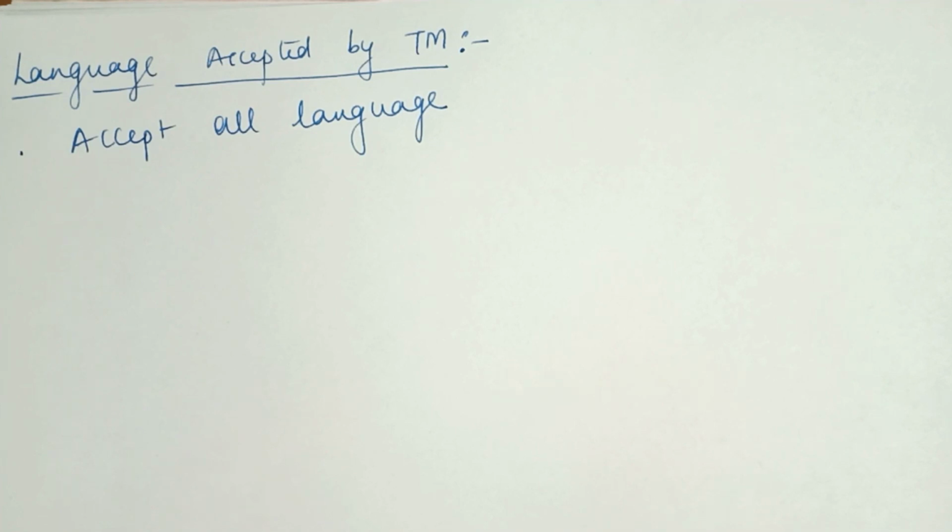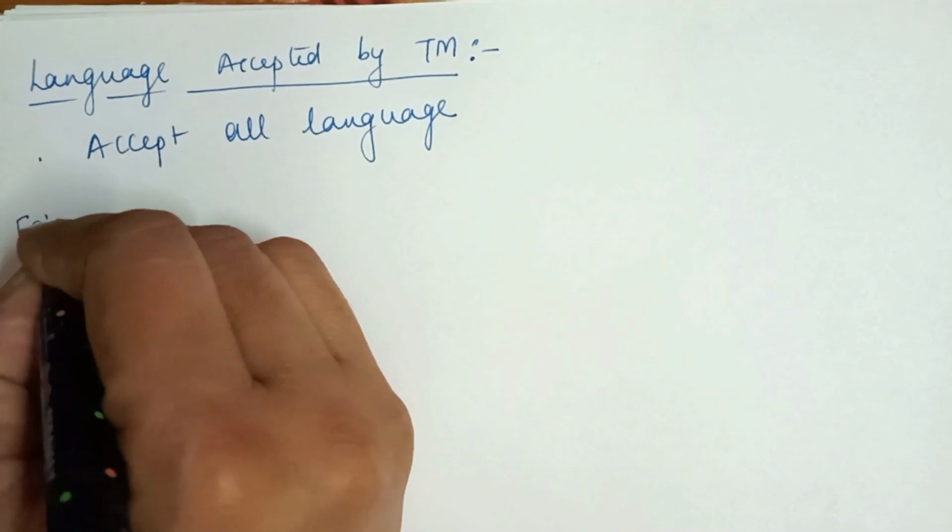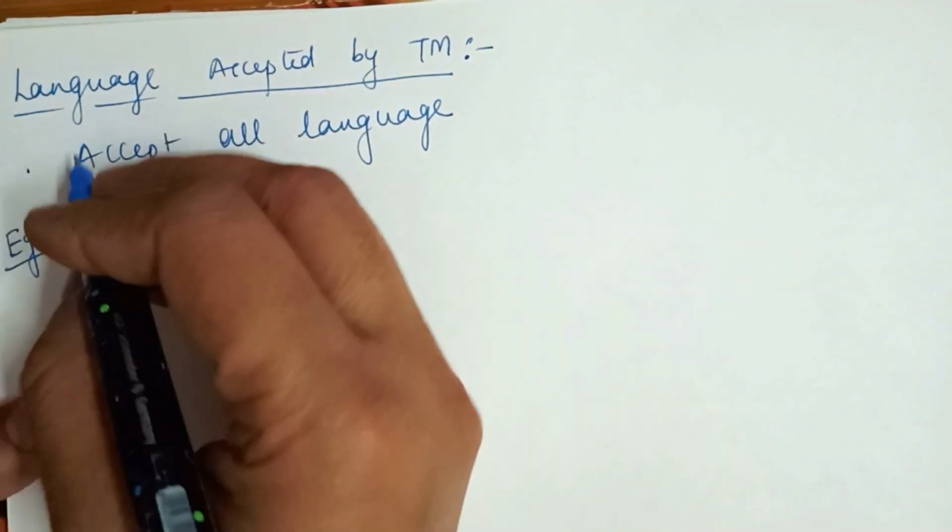Now we are going to discuss one example of how we construct a Turing machine for a particular language. I am taking one of the simplest examples.